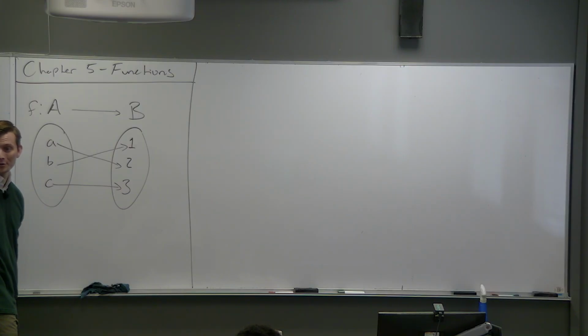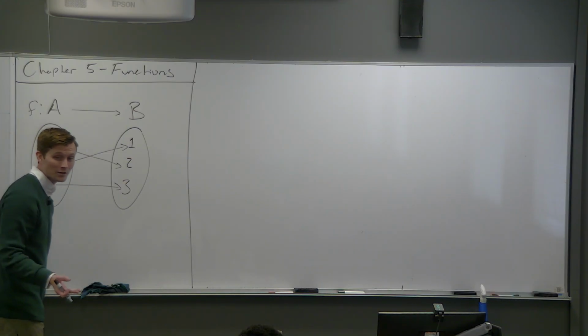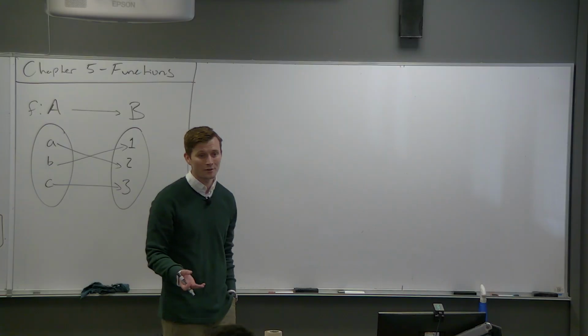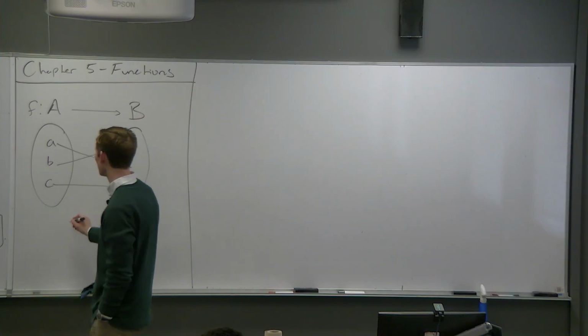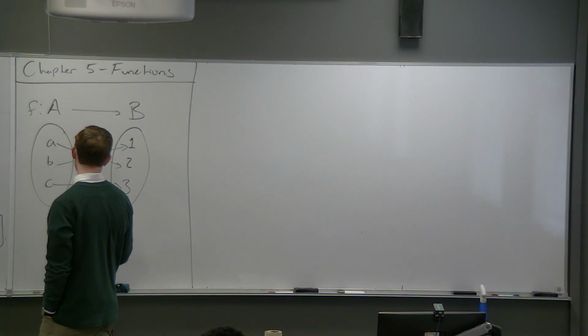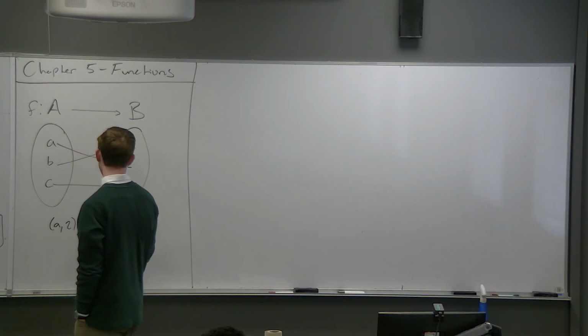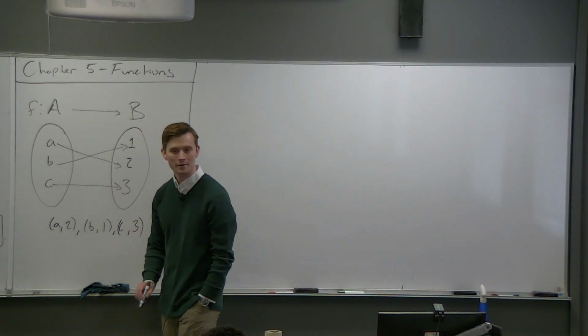It's got order to it. That is, you can think of a function as a particularly nice type of relation, as a collection of ordered pairs. Does that make some sense? So you could, in this case, represent this function by A2, B1, and C3. Yeah?